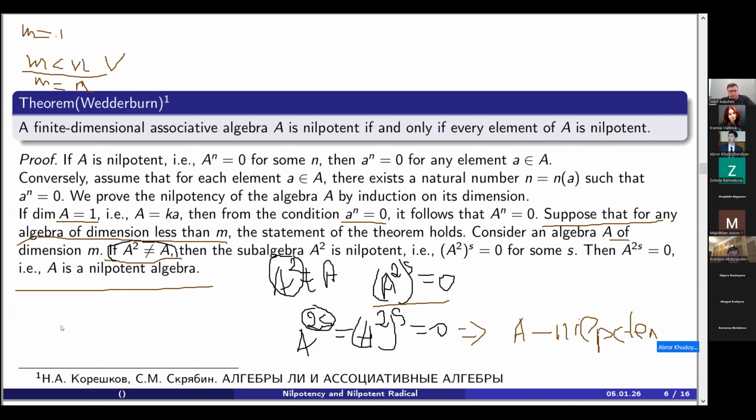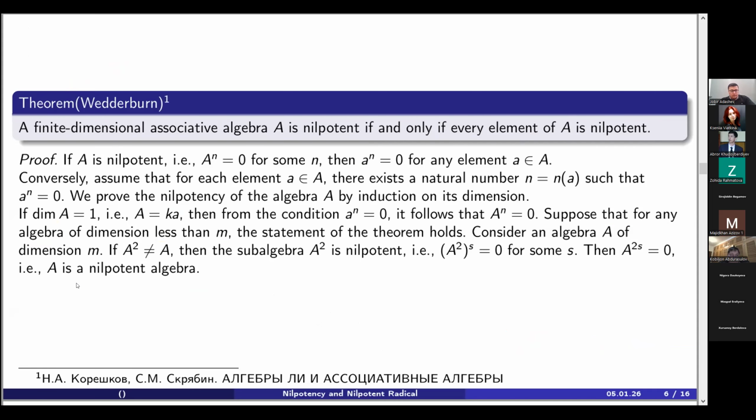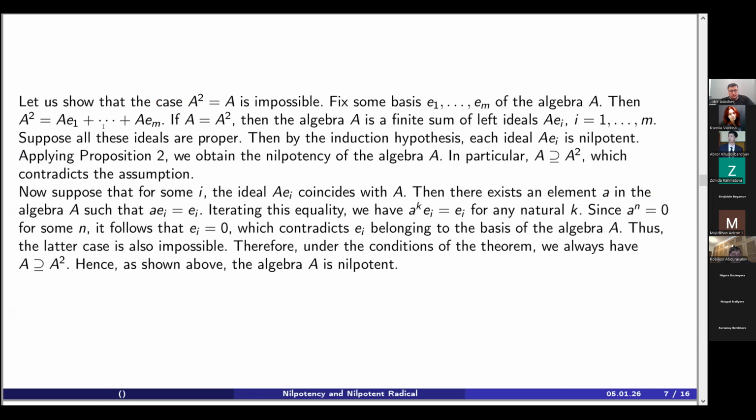Now we will consider the case A square is equal to A. Let us show that the case A square equal to A is impossible. We want to obtain a contradiction.